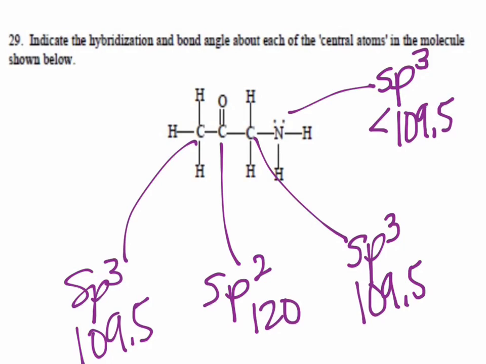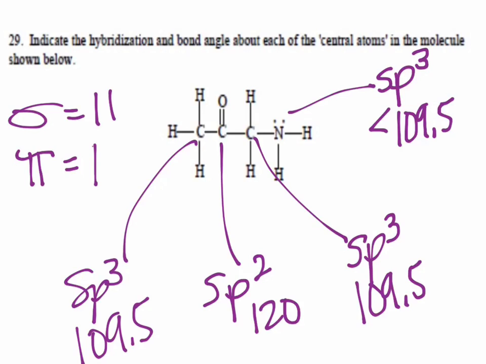How many sigmas, how many pi's? 11 sigma, and how many pi's? The double bond has 1. 1 pi.